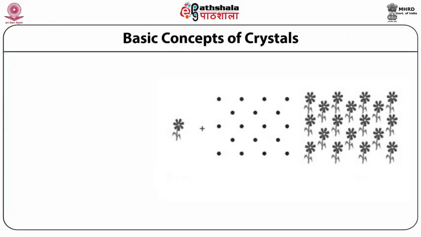So in this slide we see the basic concepts of crystals we are going to talk about. How you define a crystal is described in this slide. You can see it's written as basis plus lattice equals crystal, which is shown pictorially in the slide.